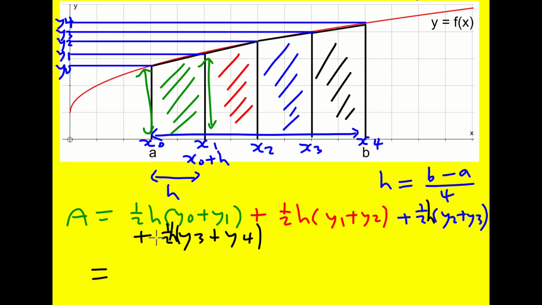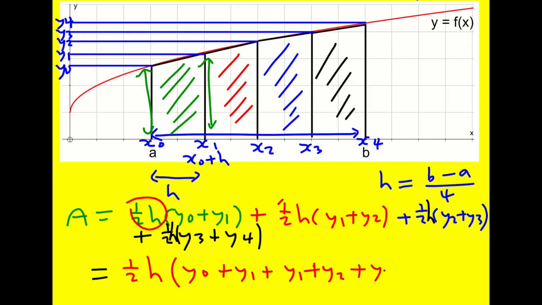And then I can simplify it. I can notice that in each one, I've got a half h that I can factorize out. So I'm going to write a half h, and then I can just figure out what's left. So I'm going to get y0 plus y1 plus y1 plus y2 plus y2 plus y3 plus y3 plus y4.